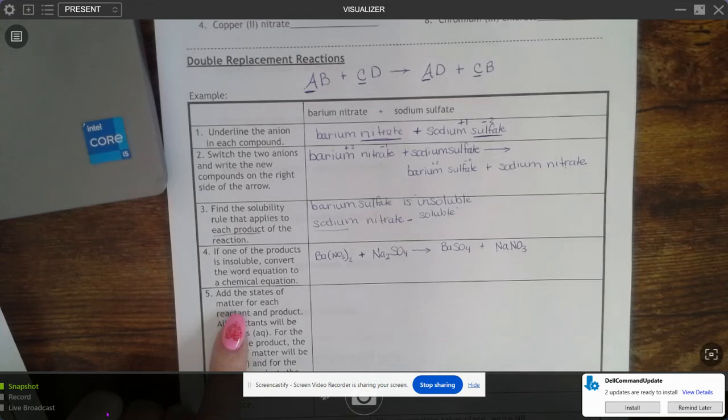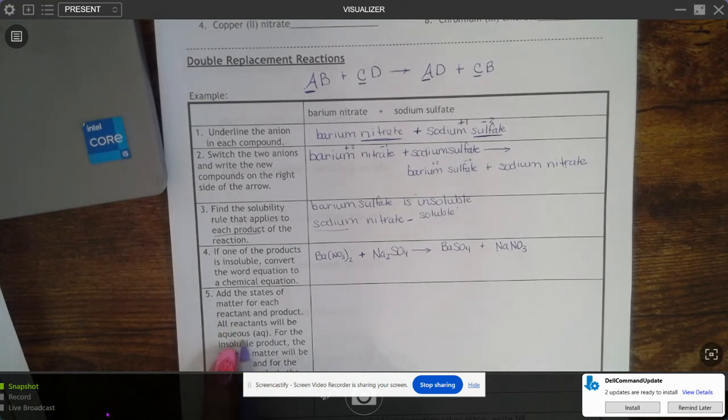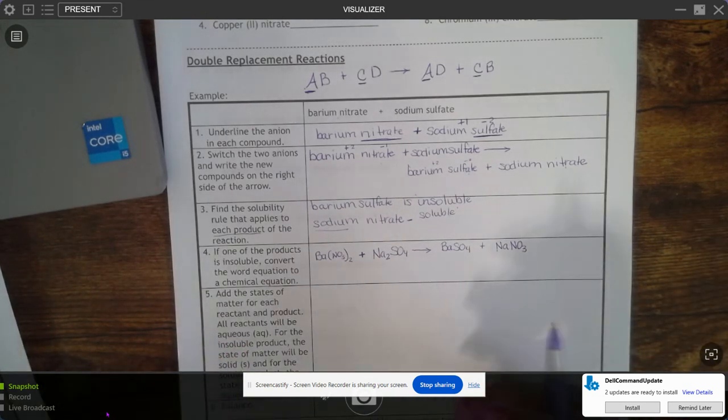once you know what you're doing, add the states of matter for each reactant and product. All reactants will be aqueous. And that's because if they're not aqueous, they're not going to react with each other.